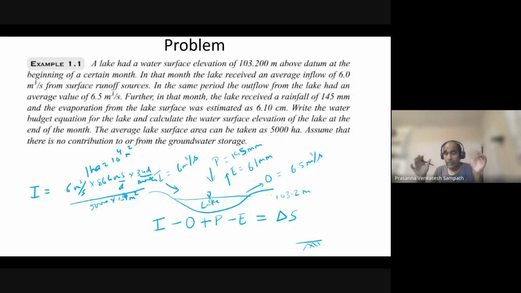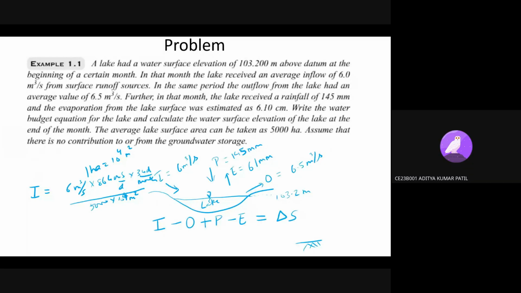Now that numerical answer, you will have to make sure that the signs are taken care of. Let us say that answer comes to, I don't know the answer, I'm just telling you, delta S equal to minus 0.1 meters. What does that mean? If the change in storage delta S is negative, what does it mean? The elevation dropped in that month.